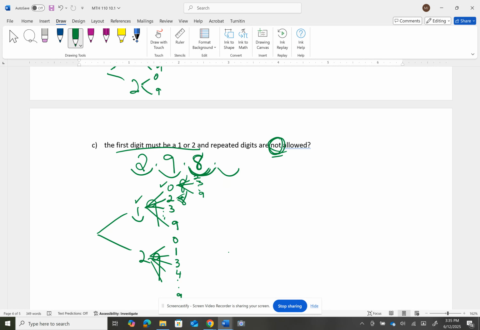And then when I go to pick my fourth one, I've already used 3 digits, so there'd only be 7 left. And then you just multiply 2 times 9 times 8 times 7, and that would give you the 1008 possibilities. Okay, so that's password problems. They're a lot of fun.